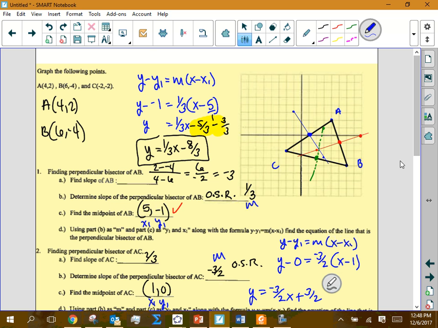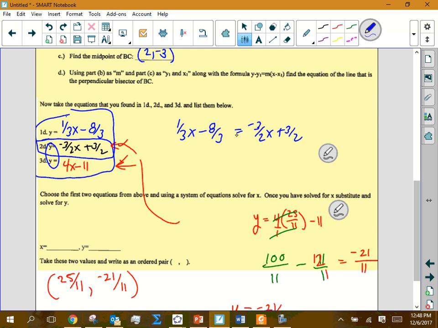What we just did, the two equations we just used were the green line and the blue line, okay? So if I take the red line and the blue line and set them equal to each other, I should still get the same x and y values, right? Does that make sense to everybody?